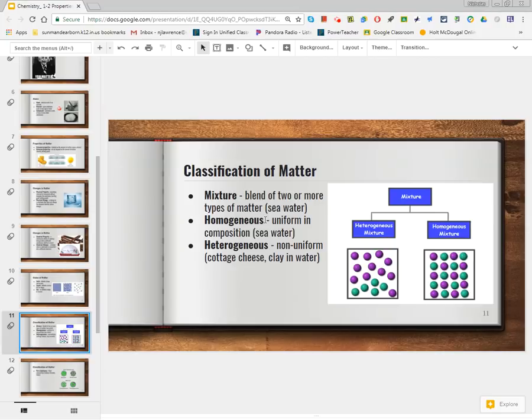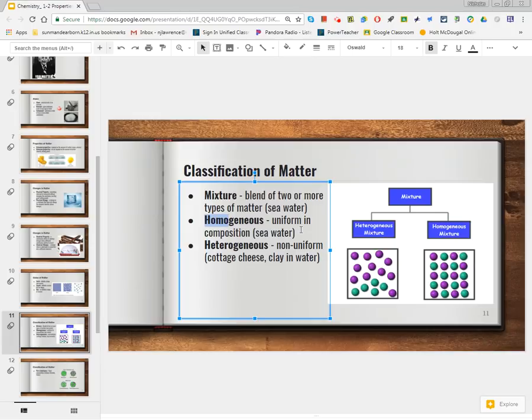I like homogeneous. I'm a hick from Southern Indiana, so I'm going to say homogeneous. So if something is homo, the word homo means the same. So if we have something like seawater, it is a mixture, but we can be more specific and call it a homogeneous mixture. Why? Because if I have a glass of seawater or a glass of salt water, it is going to be the same throughout.